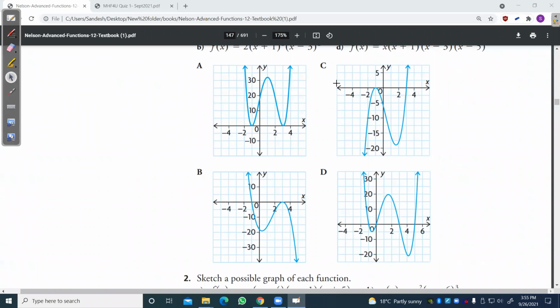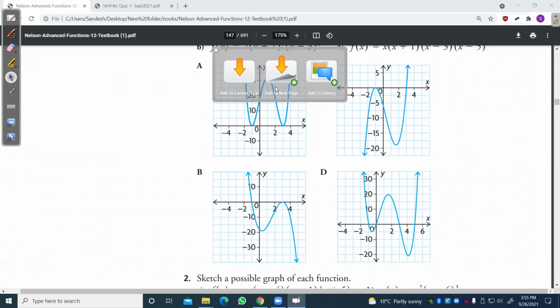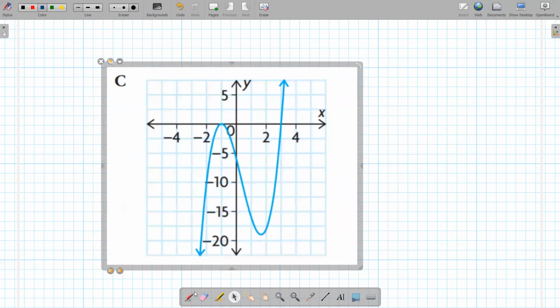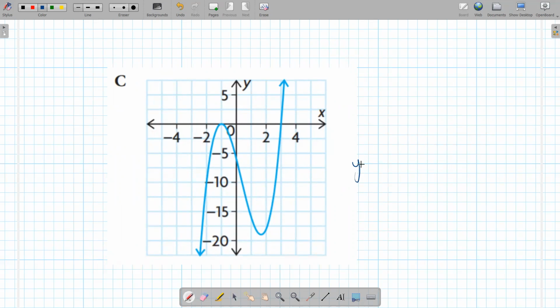Let's look at C. What's the degree of this function? X^3, cubic. So y equals, again, to find the a value, you can plug in anything else. Can you plug in 5 and 3 for the a value? No, never mind, it does not pass through 5 and 3.